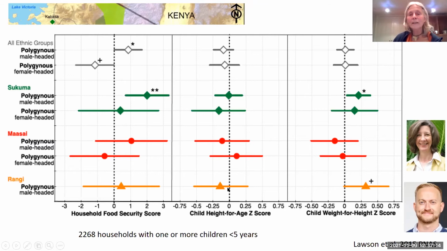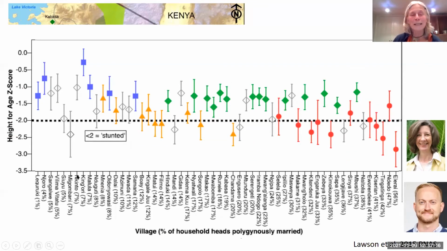So what's going on here? It's very clear. If you align all the villages with respect to how polygynous they are, and then look at one of our outcome variables, for example height for age, you can see that the worst outcomes are indeed in the villages that are most polygynous.